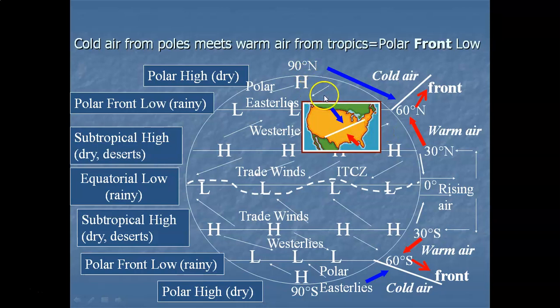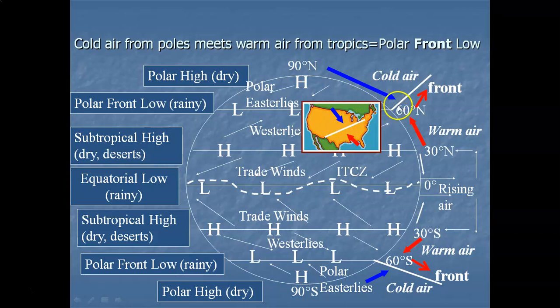You've got cold polar air that can move on down to middle latitudes, while at the same time you can have warm tropical air moving into mid latitudes. And where you've got the meeting of opposite air masses, it creates fronts in mid latitude locations. Whenever there's a front, we usually get rain, but it does represent a trough of low pressure. And we'll talk more about that.